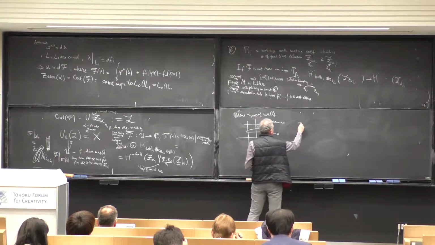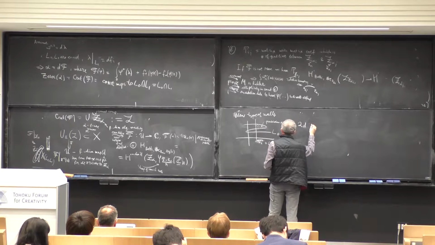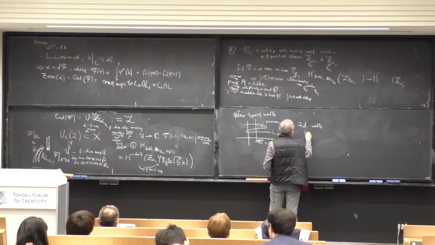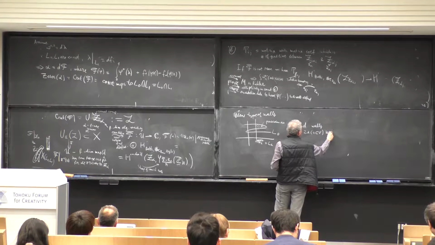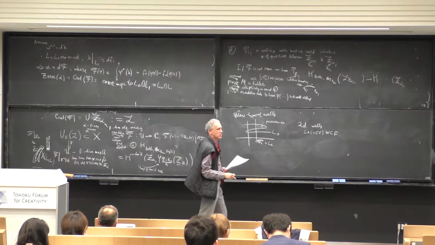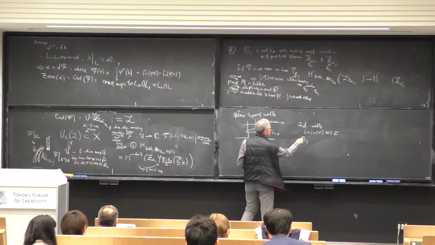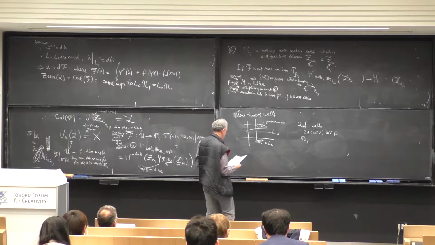This is what I call today 2D walls and 2D wall crossing formulas, when we cross those walls. That was our story for the previous two lectures where we have this Tij, everything was written explicitly.